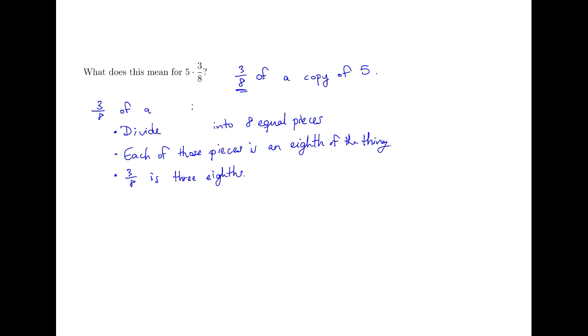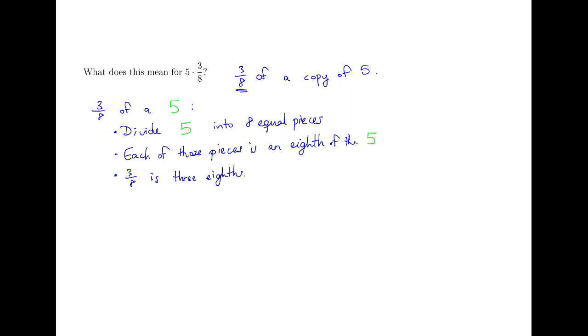Okay? So now, in this case, this thing that I'm referring to, I'm going to erase this, 3/8 of a 5 is, we divide 5 into 8 equal pieces, and each of those pieces is called 1/8 of the 5.